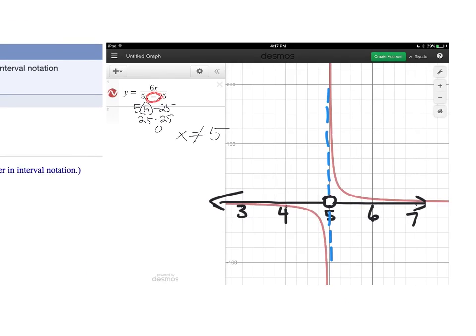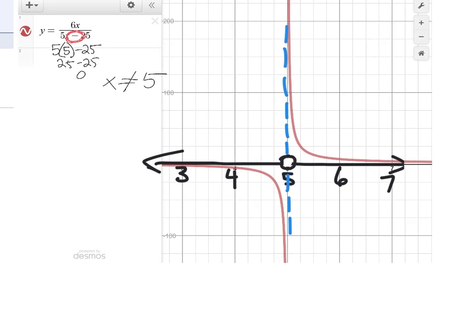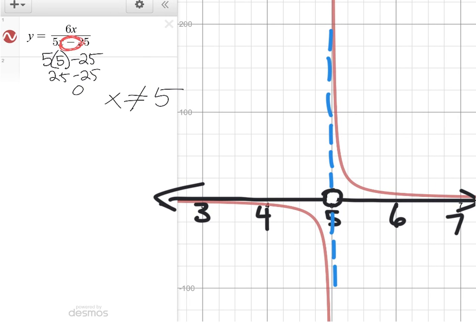So how do you write that as your range? Well, x is not allowed to be 5, but it could be everything else. So it could be all of these negative numbers, everything down to -infinity. And it could go all the way up to 5, but it can't equal 5.